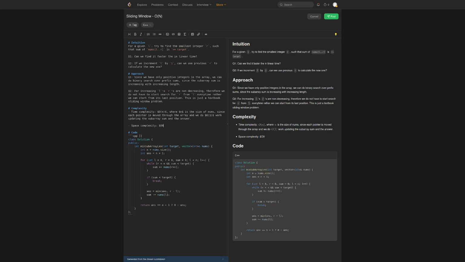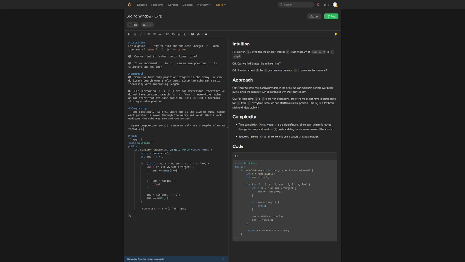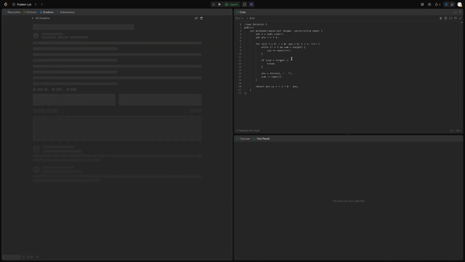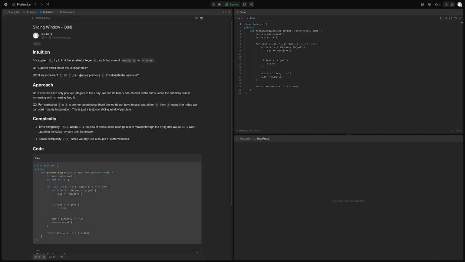Space complexity is O(1), since we only use a couple of extra variables. I write this every time if it's O(1). Anyways, okay, goodbye.